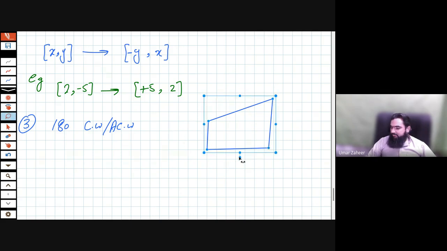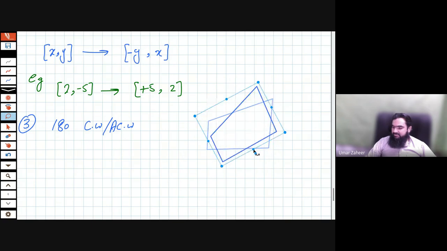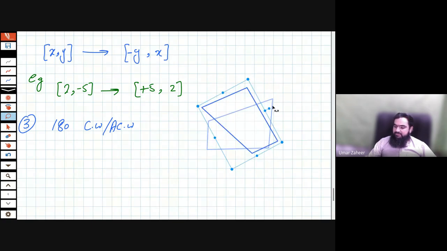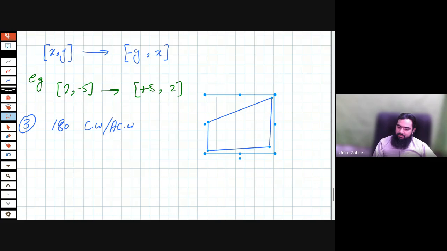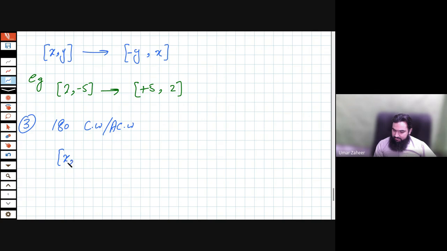If I rotate 180 degrees like this, in the anti-clockwise direction, or rotate 180 degrees clockwise, in both cases you get the same thing. It doesn't matter whether you move clockwise or anti-clockwise. So what you will do, this is the distance from the center of rotation to the object point. You have to change the sign only.